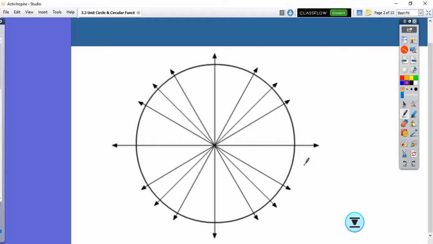So we have done this before. We know this is 0 degrees, or if you prefer, you can call it 360 degrees. You don't have to do both. And then we did our common angles, so this would be 30 degrees, 45 degrees, 60 degrees, and 90 degrees.